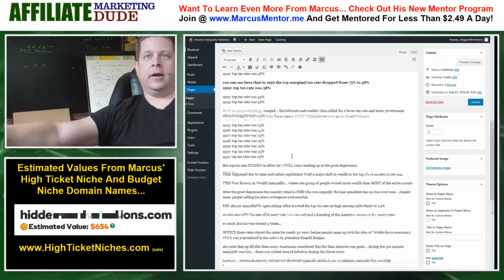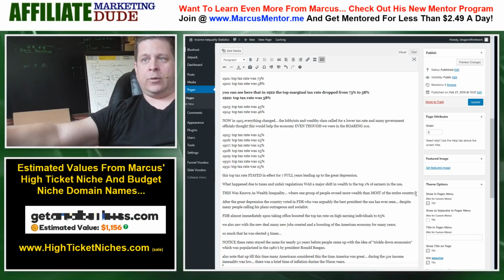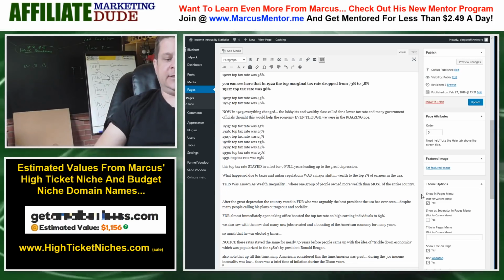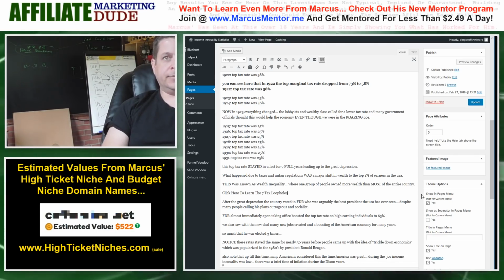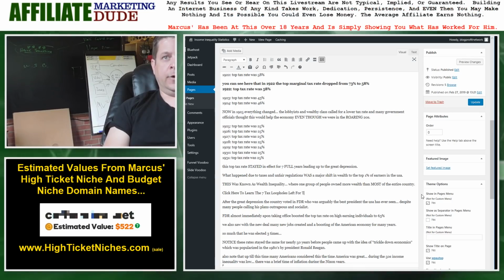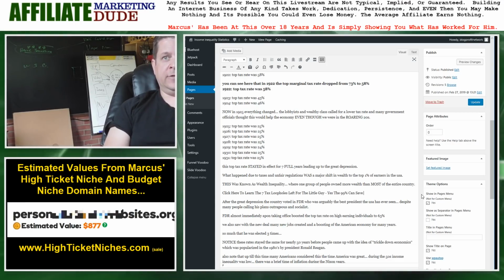Now up here where we're talking about the tax stuff, we could say, okay, this is wealth inequality. You could put something in saying, click here to learn the 7 tax loopholes left for the little guy. Yes, the 99% can save too.